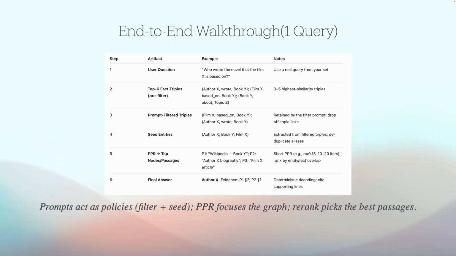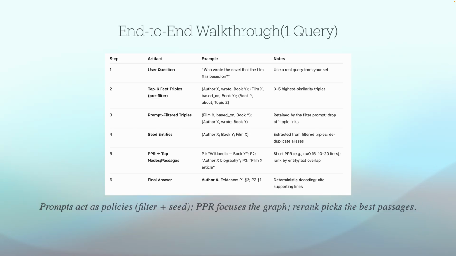So, let's say we start with our top K fact triplets from the corpus. The filter prompt keeps only the ones that truly bridge the question. From those kept triplets, we extract the seed entities and run a short PPR on the typed graph to surface the tight neighborhood.